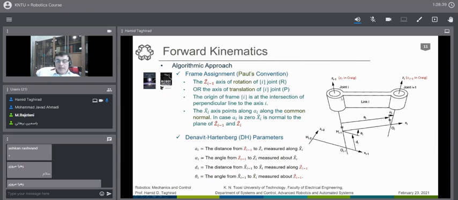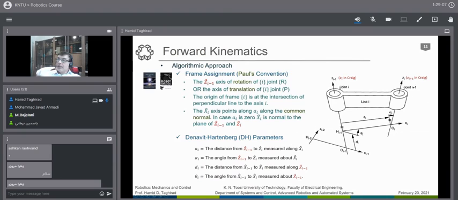Anyways, consider that we have link I, and we first define the axis of rotation from the joints. The joints could be either revolute or prismatic. If they are revolute, the angle that are about them, the axis that we have the rotation, it is the joint axis zi minus 1 and zi.